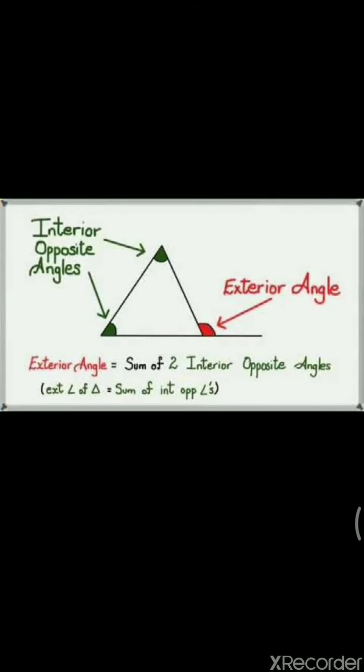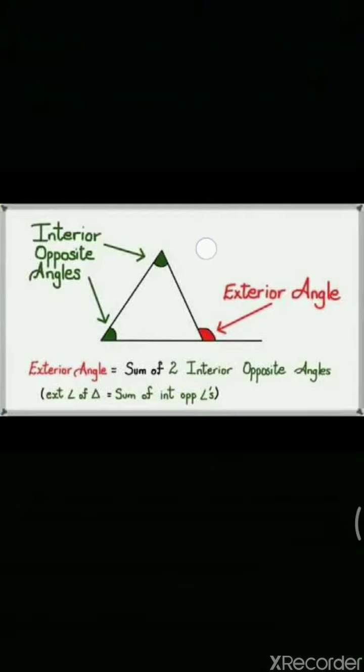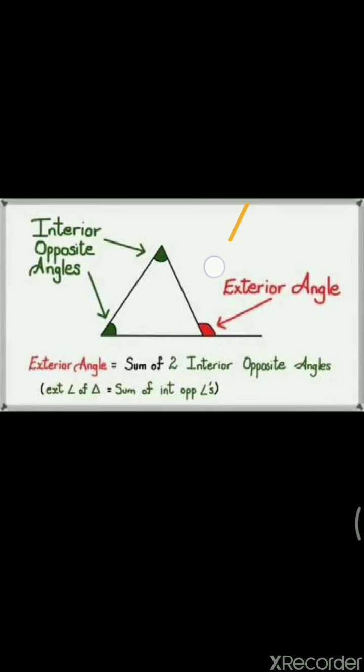Now students, we will do exterior angle property of a triangle. Let's see what is an exterior angle. When you have a triangle and you extend one of its sides, then the angle between the side and the extended line is called exterior angle.